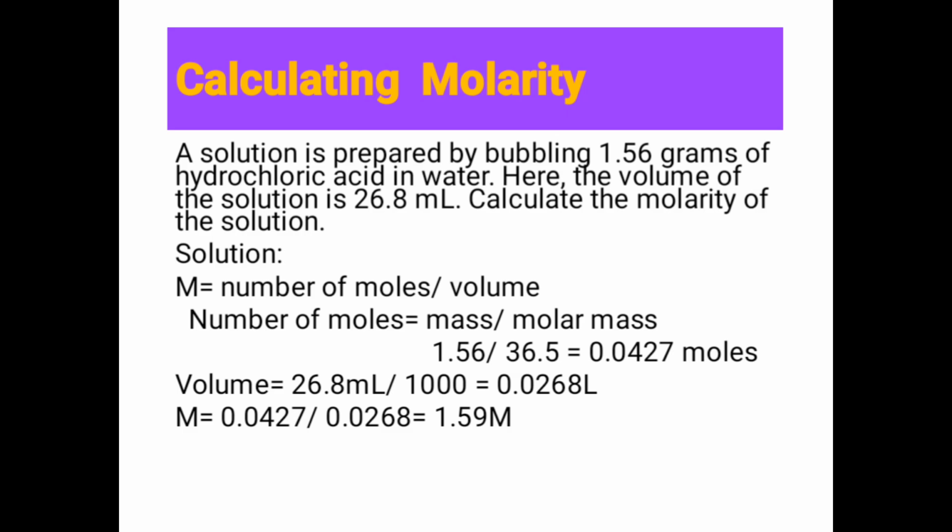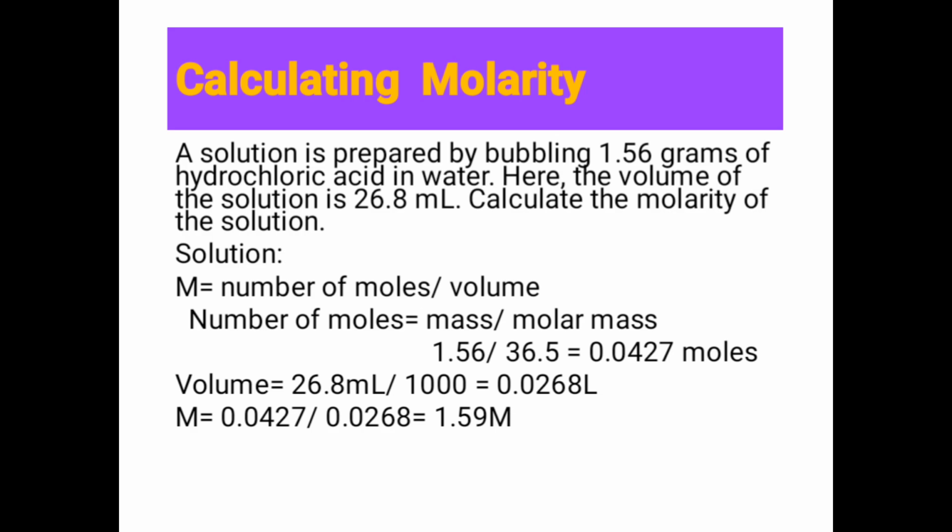But here our focus is usually on mole per dm³, or molar. Whenever you see molar, it's the same thing as moles per dm³. That means the amount of substance in moles over volume in dm³.